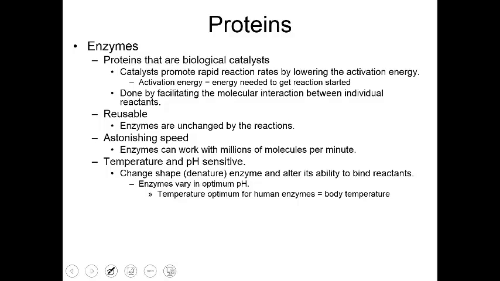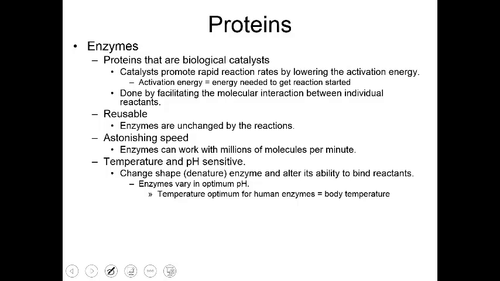However, proteins and enzymes, because they are proteins, can be denatured. Now when an enzyme is denatured, its tertiary structure is broken down, its quaternary structure is broken down, as well as its secondary structure. The one that remains unchanged, however, is its primary structure.